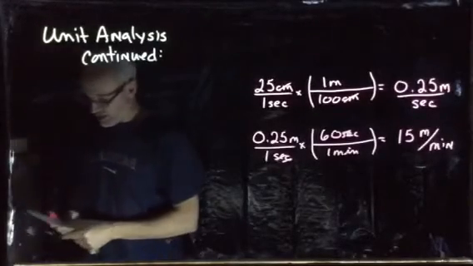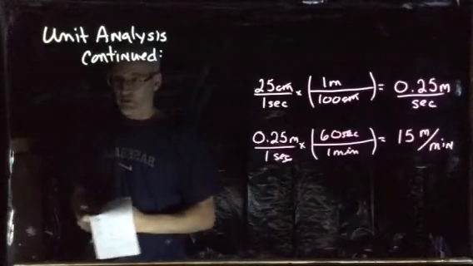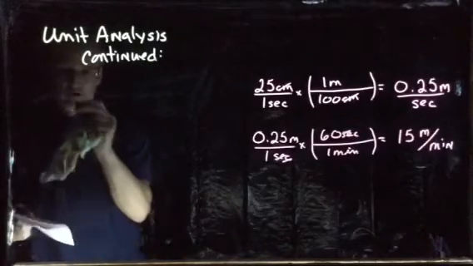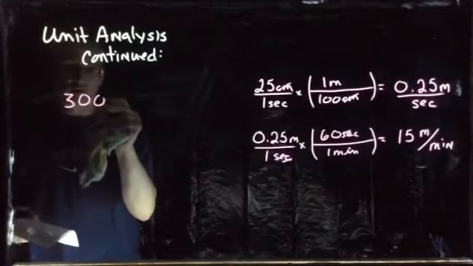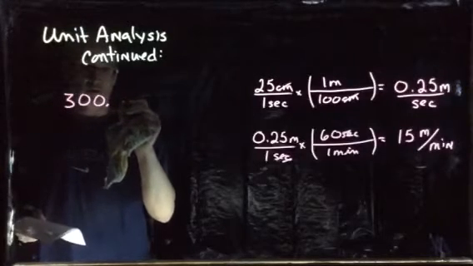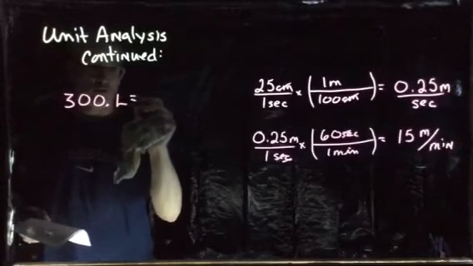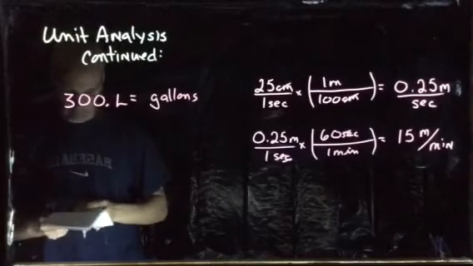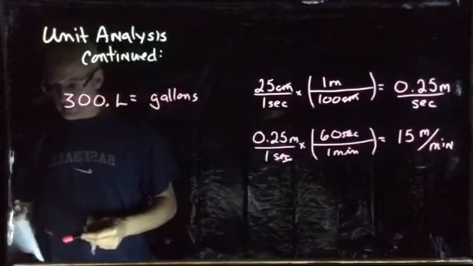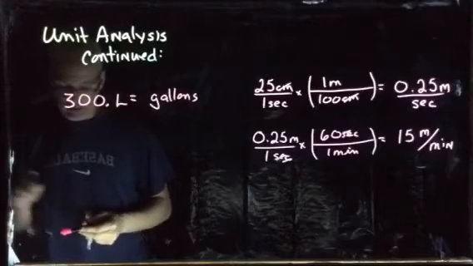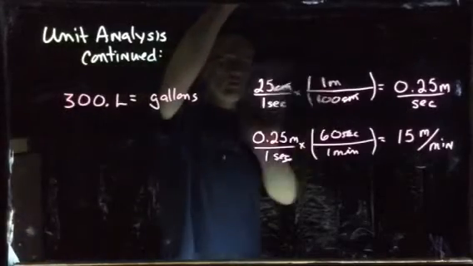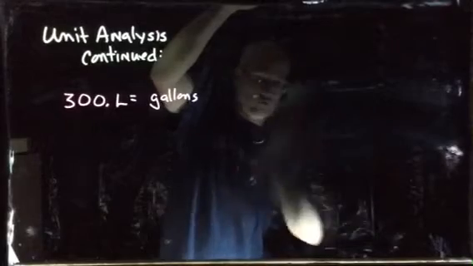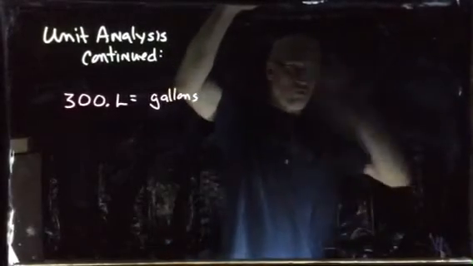So let's say we have somebody running, so let's say we have 300, I'll put a decimal point, liters. I want to know how many gallons that is. And so the first thing that we're going to need is the equivalence or conversion factor for that.